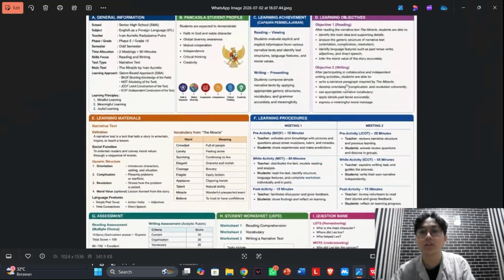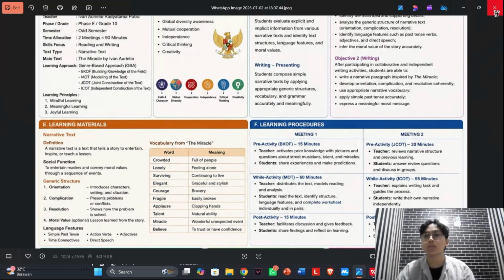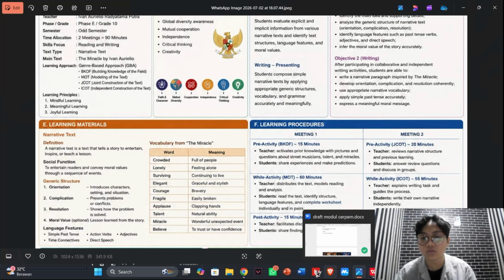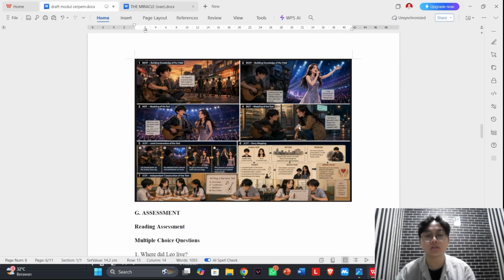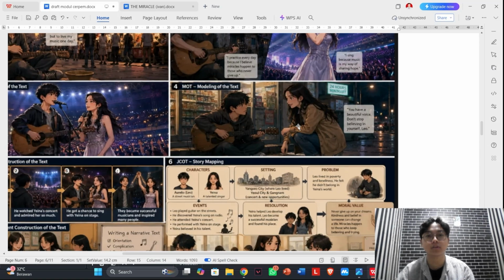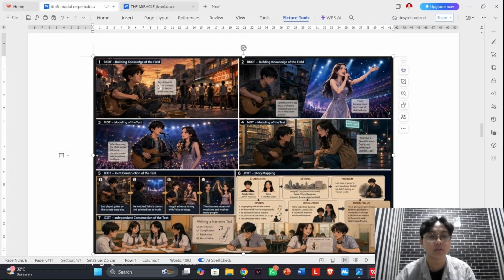Objective 1 is reading, and then writing, like I said before. While teaching them, I also tell them the story, the generated story and generated images, like I showed you before.